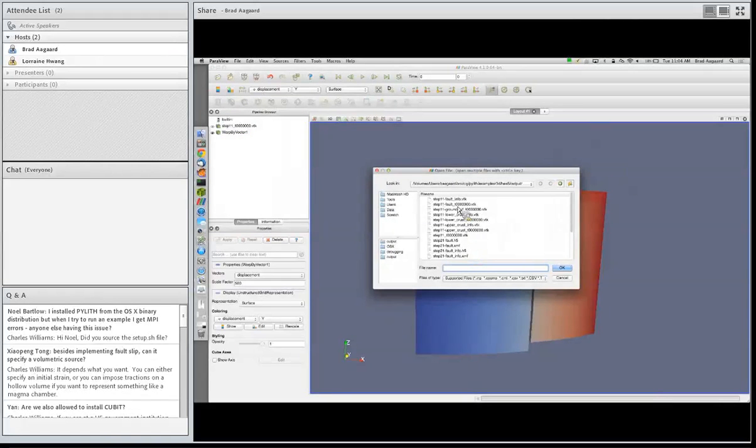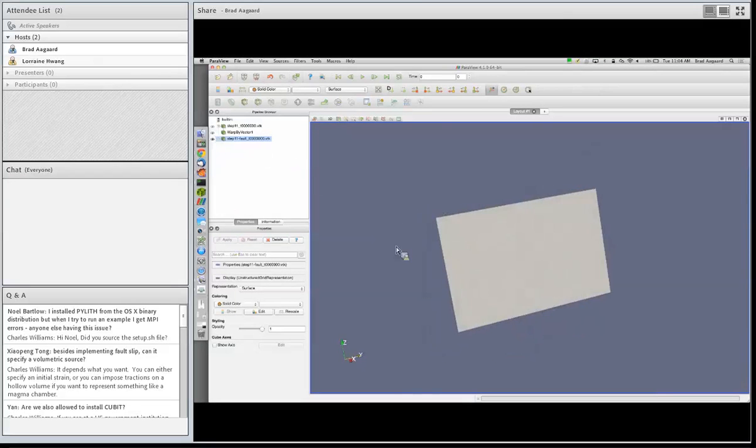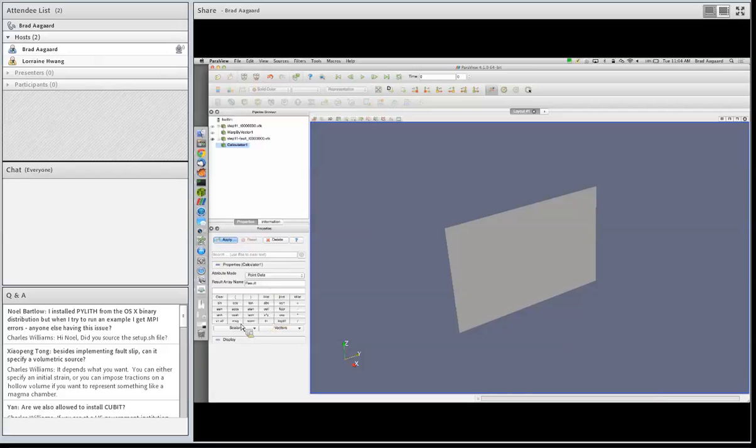So step 11, let's bring up the fault solution. Turn off. So here's my fault, and I can use the calculator. In ParaView, if it sees 3 components, it says X, Y, Z. Normally that's right, but for the faults, we give information in terms of lateral slip, the horizontal, the reverse direction, and then the opening.